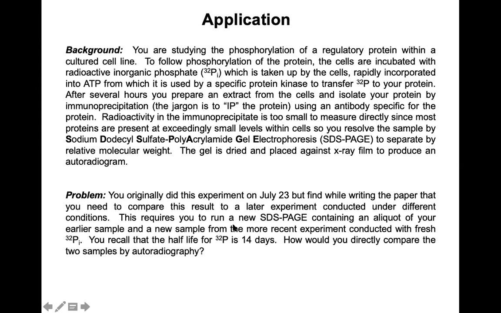This requires you to run a new SDS-PAGE containing an aliquot of your earlier sample and a new sample from the more recent experiment conducted with fresh radioactive phosphorus. You recall that the half-life of radioactive phosphorus is 14 days. How would you directly compare the two samples by autoradiography?